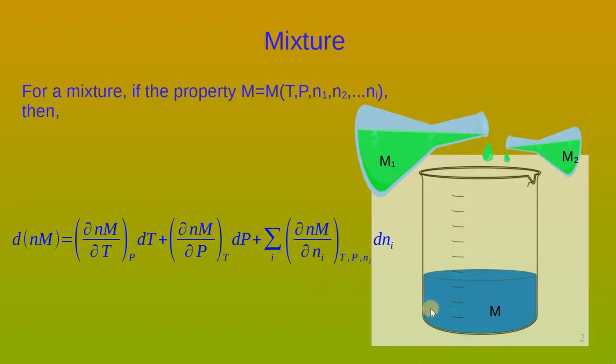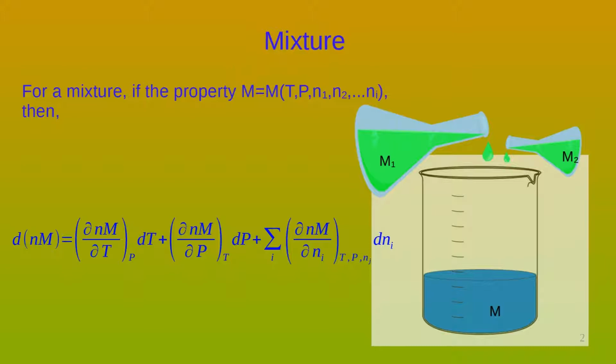And we also assume that when we mix, the temperature of the mixture M is also constant. Now, it may not be equal to the atmospheric temperature. It may be equal to the atmospheric temperature.